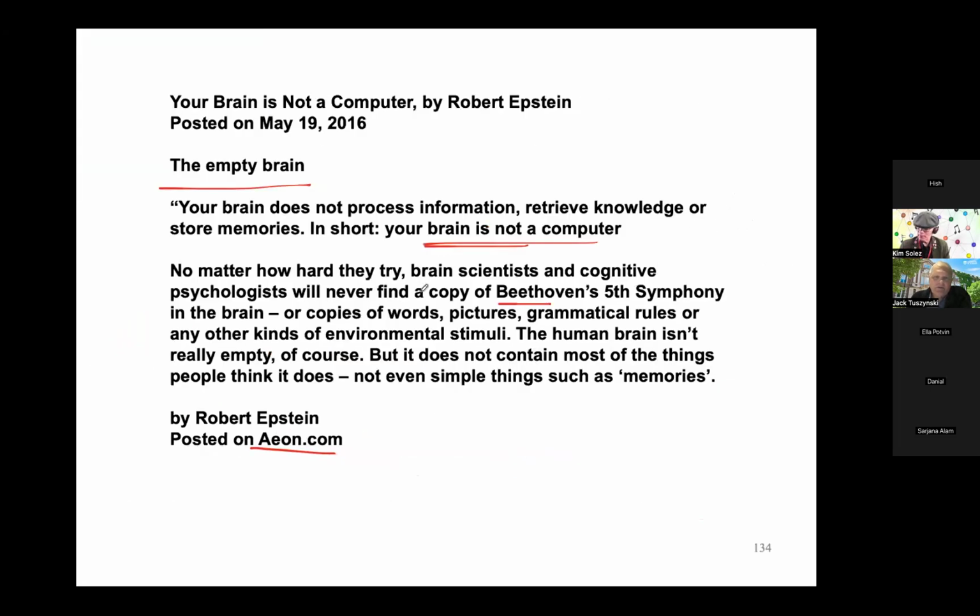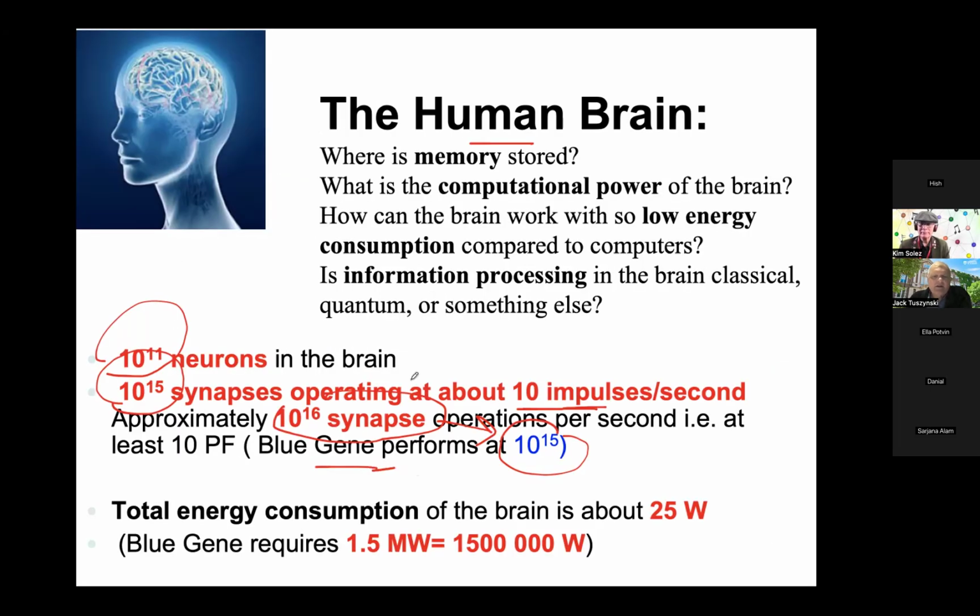But even more amazingly, the energy consumption of the brain is minuscule compared to that of the supercomputer. 25 watts, about 25% of the human energy requirement for the entire body, is used by the brain.